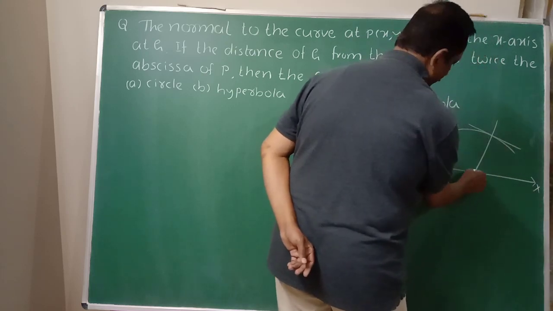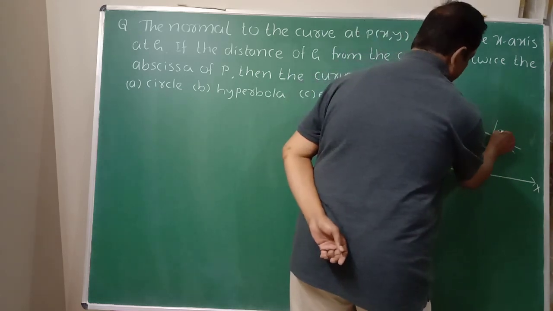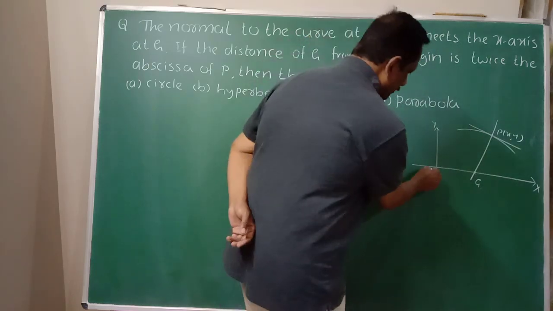This normal meets the x-axis at the point G, and take the point P as (x, y). Here is the origin.